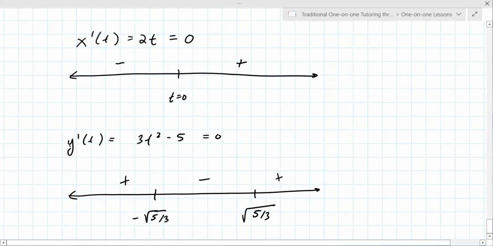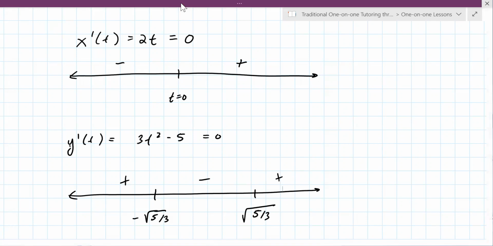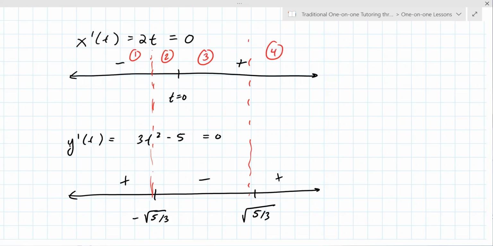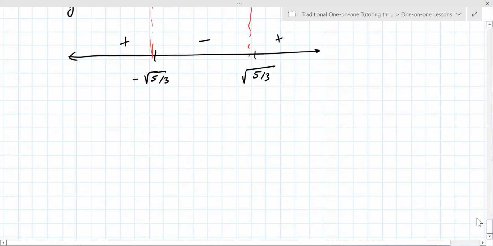If we were to overlap the two, that's what I'm trying to do here. There's now 1 region, 2 regions, 3 regions, 4 regions. I like the way this picture is shown online. So let me just put those points in again.